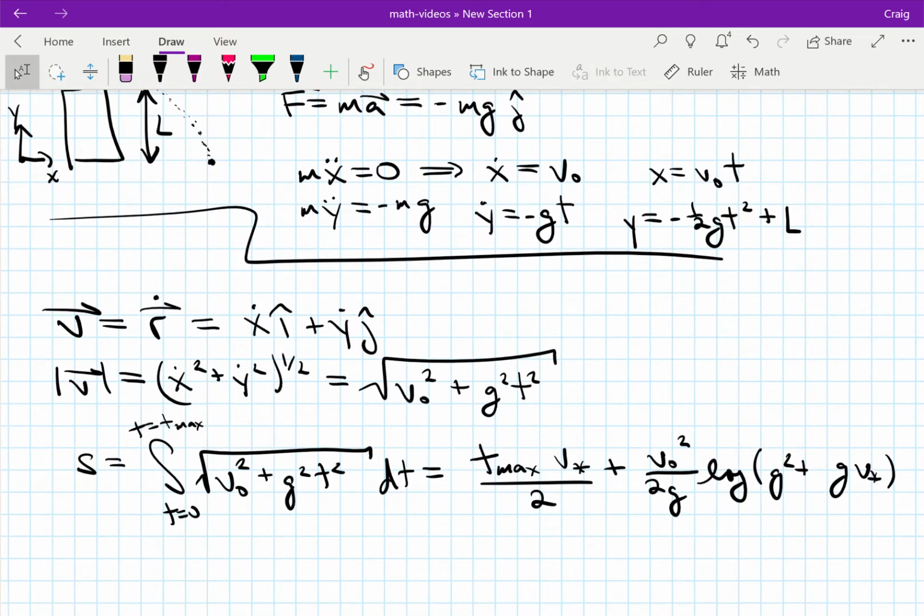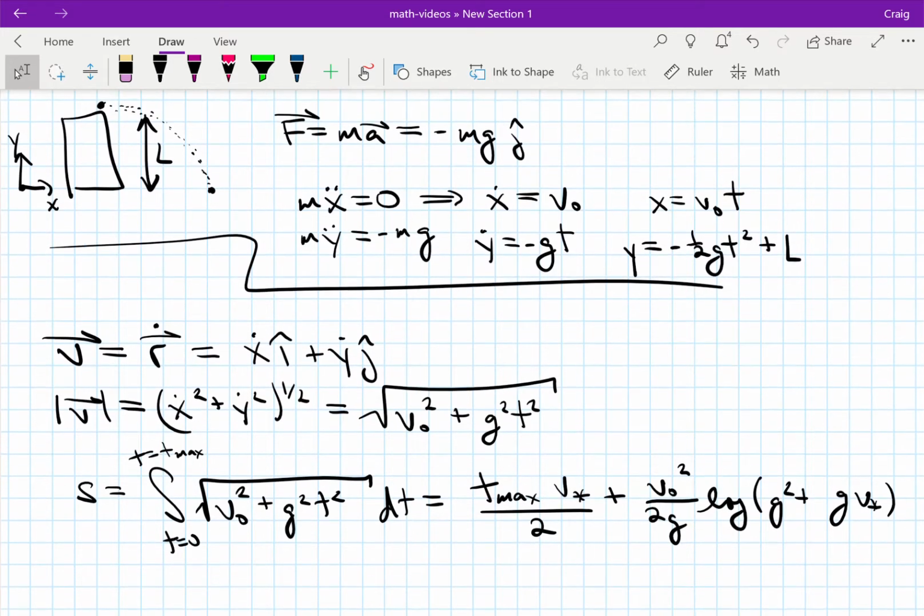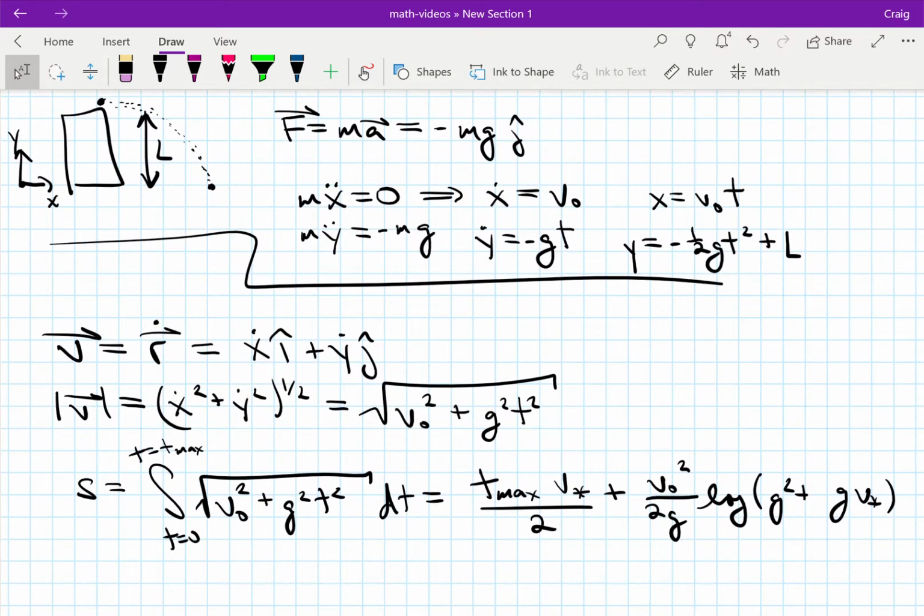Okay, so just using dimensional analysis, I can look at the parameters in this problem, and there is a characteristic velocity that I can form, v star, which is the square root of v naught squared plus g t max squared.